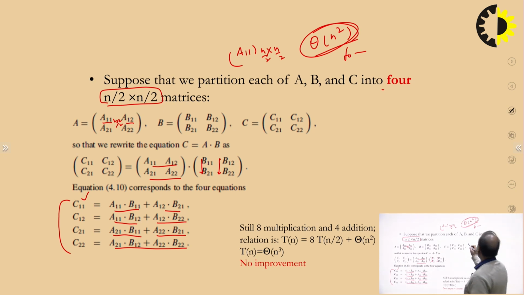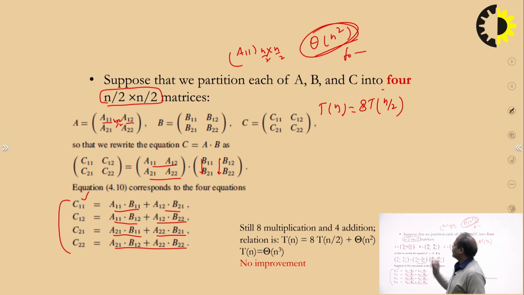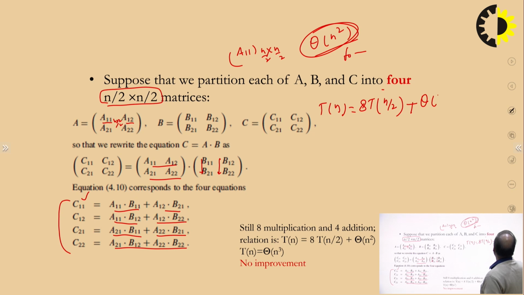So overall time will be how much? T(n) will be 8 T(n/2), since individual matrices have size n by 2, plus their addition, which is going to take theta n square time, right?